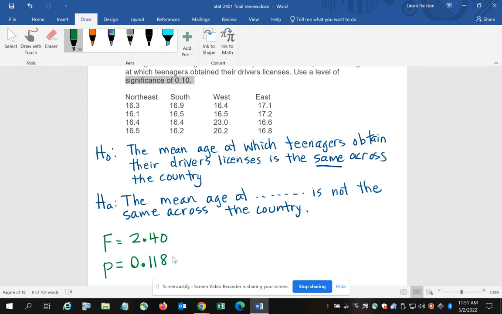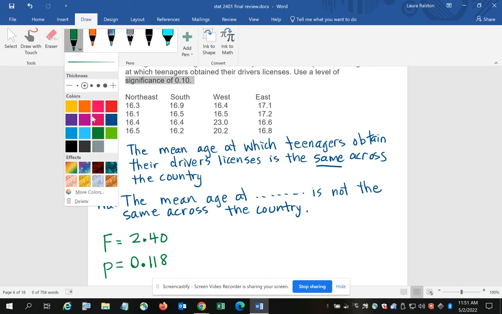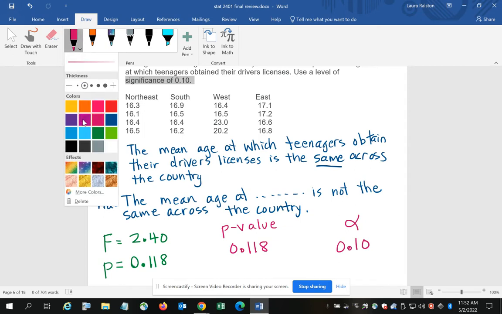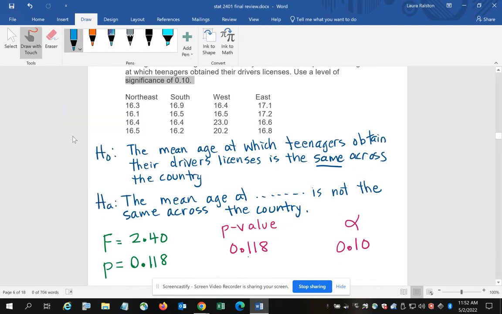Again, as we always do, we compare P to alpha. So we're going to compare the p-value, which is 0.118, to the alpha, where they told us to use 0.10. So I'm going to make that comparison. 1 compared to 1, that's the same. 1 compared to 0. 1 is greater than 0, so P is greater than alpha.